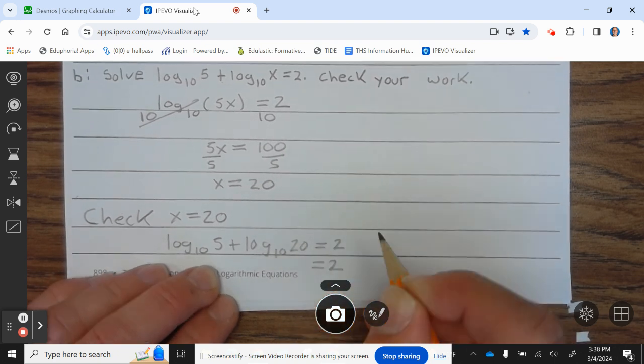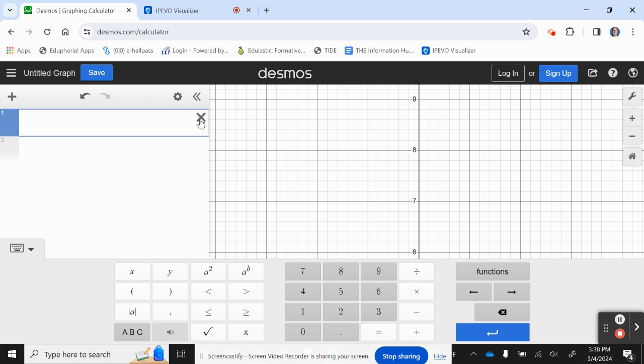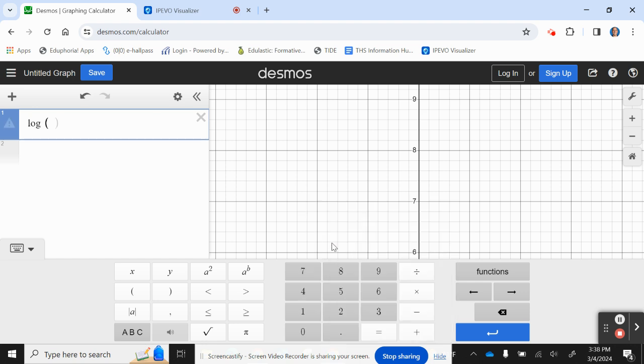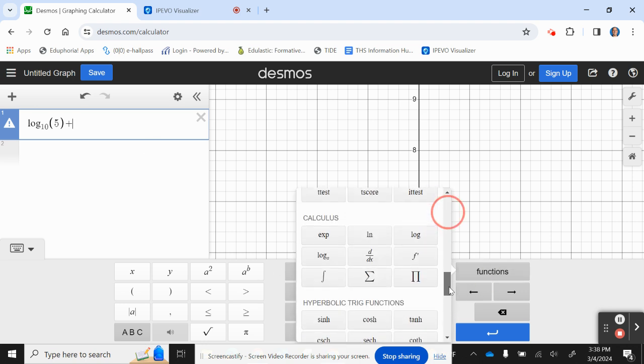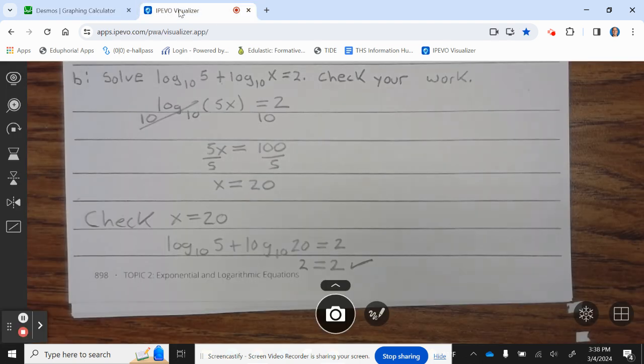Now we know the right side equals 2. Let's see if the left side does. Does, so x equals 20 is a valid solution.